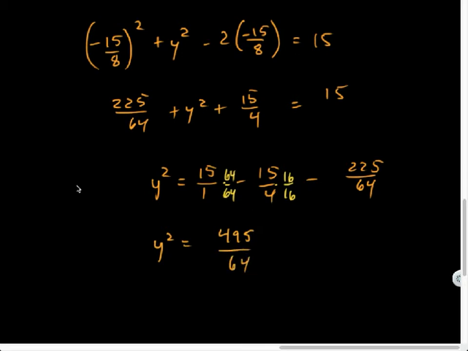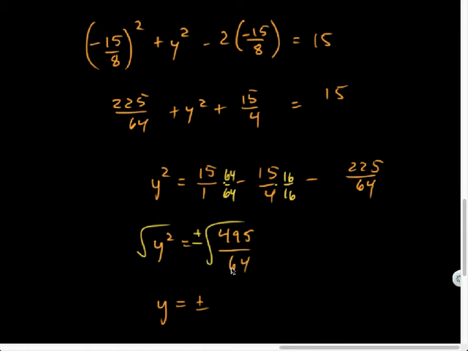All right, so you might have gotten the decimal. That part, though, we could just do the same exact thing, just with bigger numbers. And then root both sides. y equals plus or minus square root of 495 over 64. I'm pretty sure that's not going to work out for us, but the square root of 64 does.